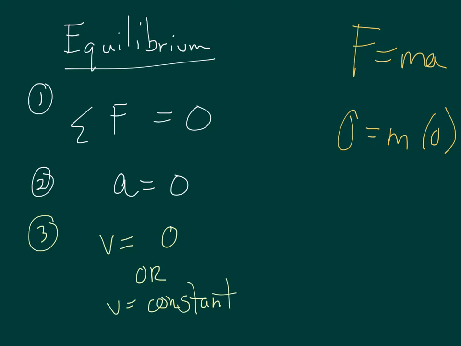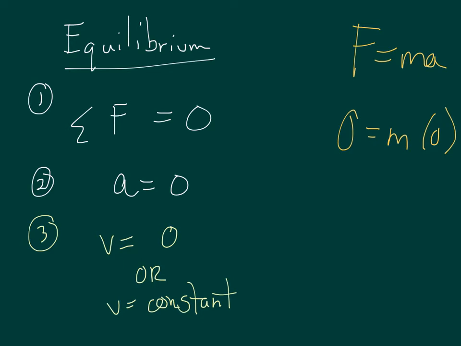So in a state of equilibrium, either the object is at rest or it's moving with a constant velocity. That's what you definitely know. If it's not in equilibrium, then there's acceleration, then there's an imbalance of forces, then there's an increase of velocity, it's not constant anymore, and that's the part of the lab that you saw.